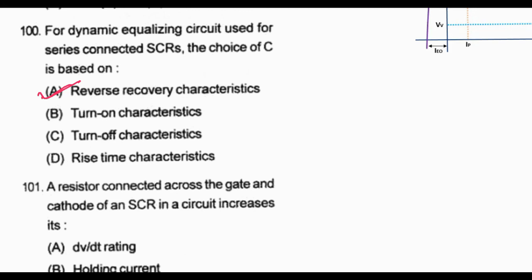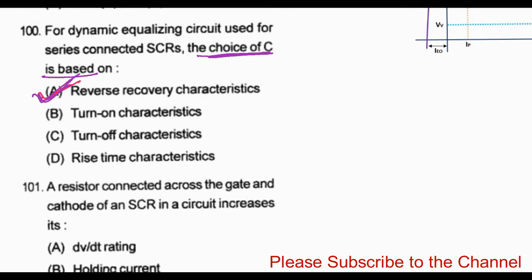So this is based on the reverse recovery characteristic. This is also a very important concept, that the dynamic equalizing circuit consists of R and C, and this C is based on the reverse recovery characteristic of that thyristor.